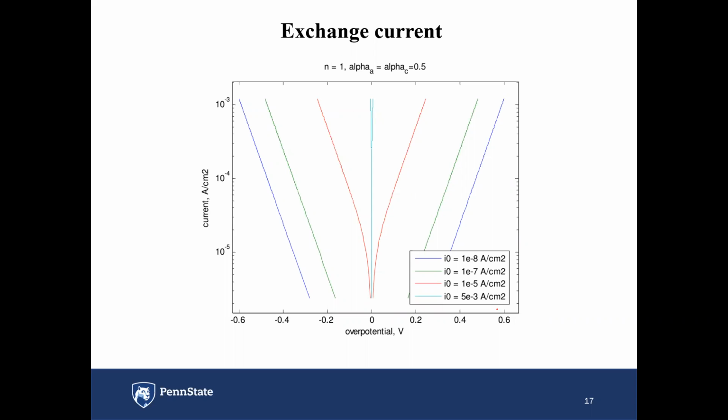If we have a really large I0, we get a really, really steep slope. However, if the reaction is happening at a really slow rate, then we will have a not-so-steep slope.